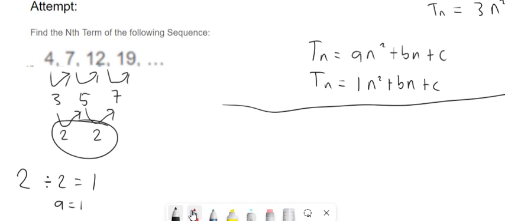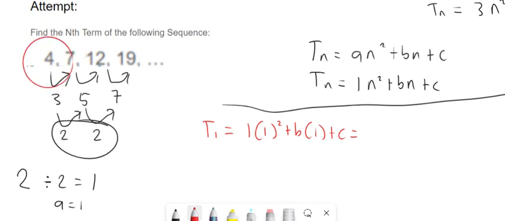Now I'm going to take T1 then and T2, so we always do this. So we take T1, so I put a 1 in everywhere instead of the n, so it's 1 times 1 squared plus b times 1 plus c, and that has to be equal to the first term in the sequence. So our first term here is the 4.